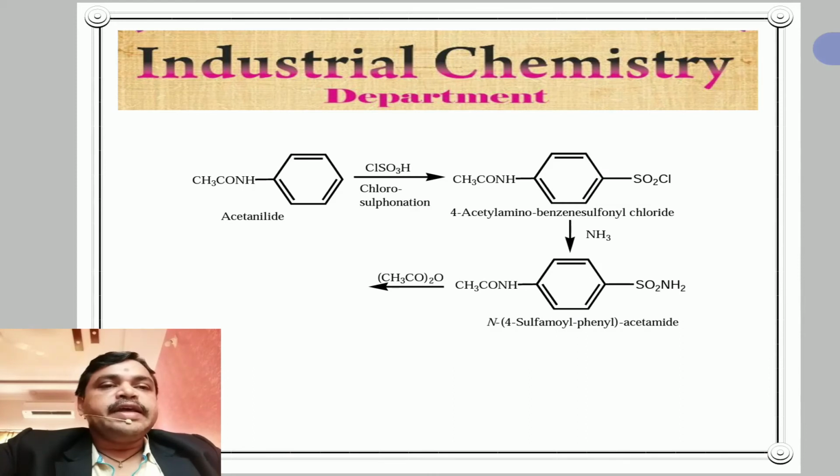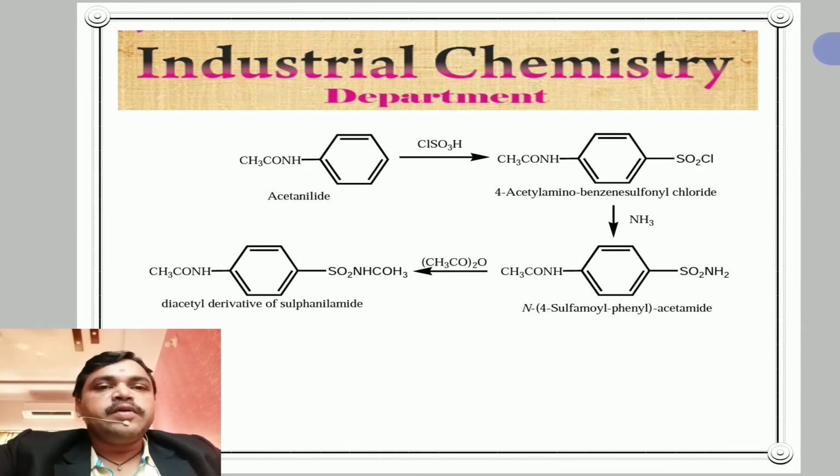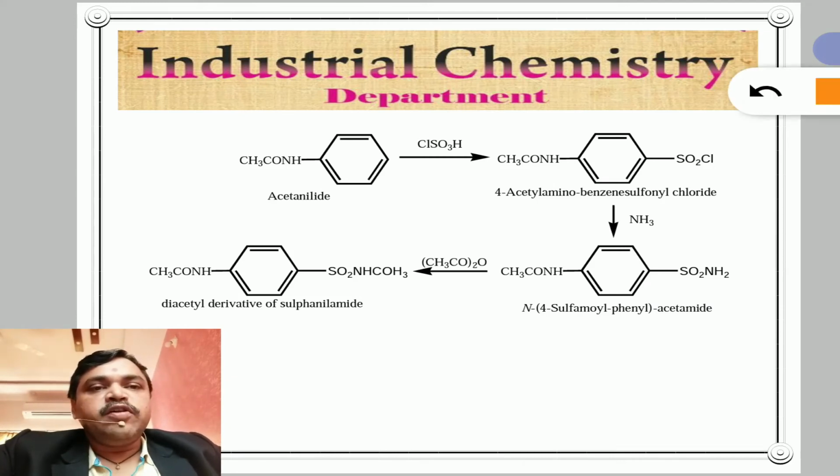Here the acetylation or acylation unit process is applied. Our product is a diacetyl derivative of sulfonamide. Here we see an acetanilide group and here also an acetyl group.